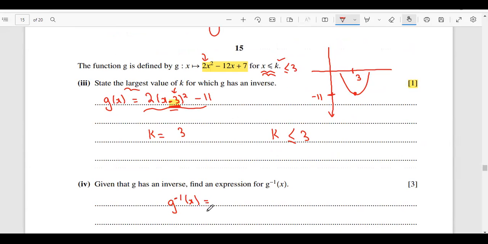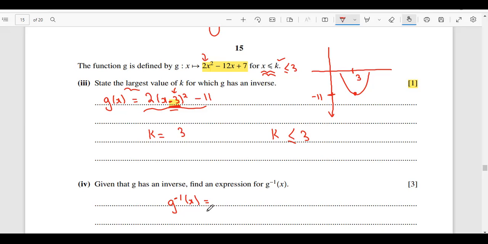For finding the inverse function, we first replace. Since we have already found our equation there, we can use y plus 11 is equal to 2x minus 3, close brackets, done.